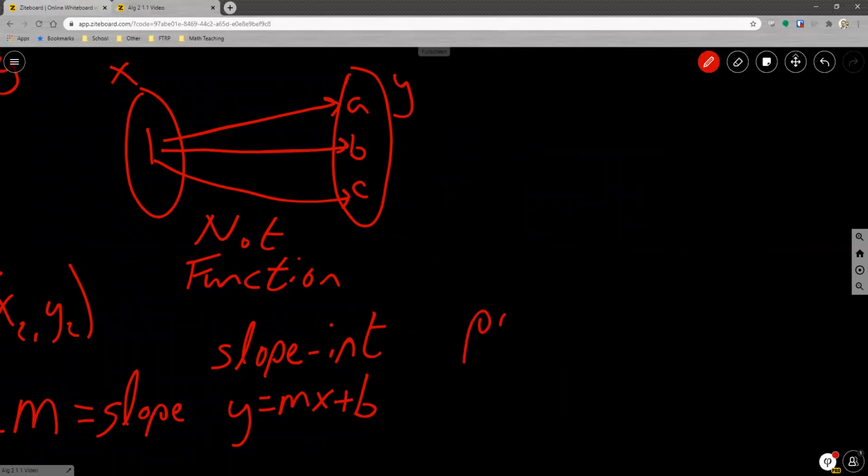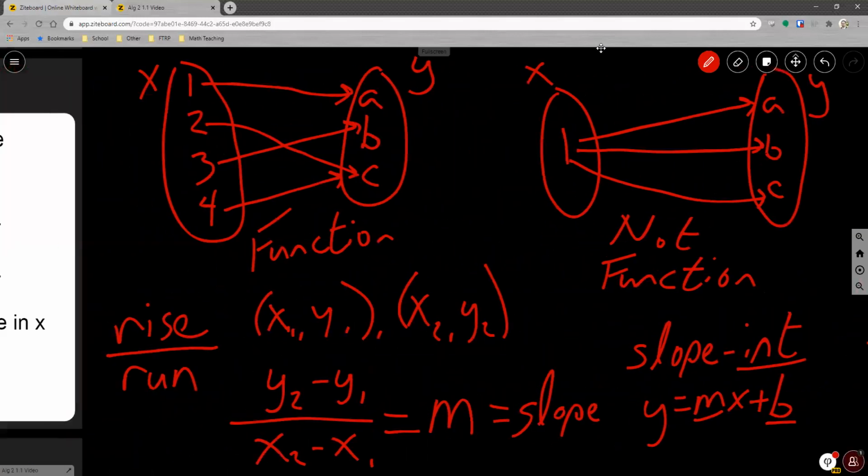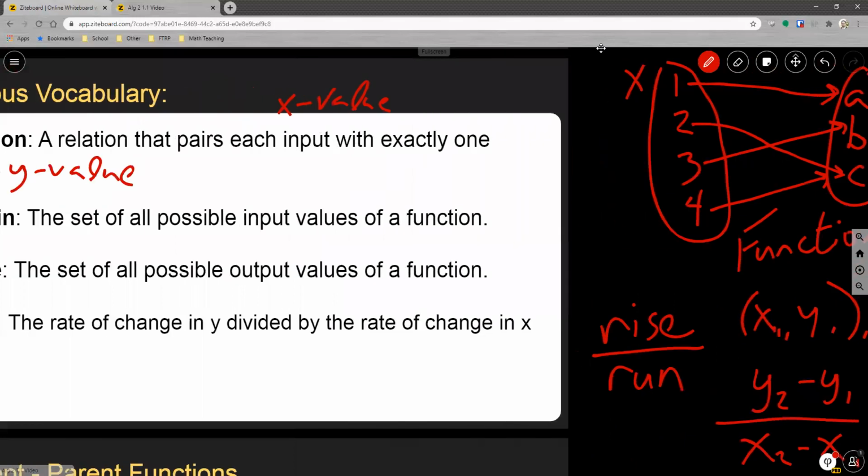And then you've also got point slope form, where you've got y minus y1 is equal to my slope m times x minus x1. In both of these situations, we've got the slope. In this one, we've got the intercept, which is b. In the other one, we've got the point, which is signified by the x1 and y1. We'll get more into those at a later time, but I just wanted to do a quick review on those terms.